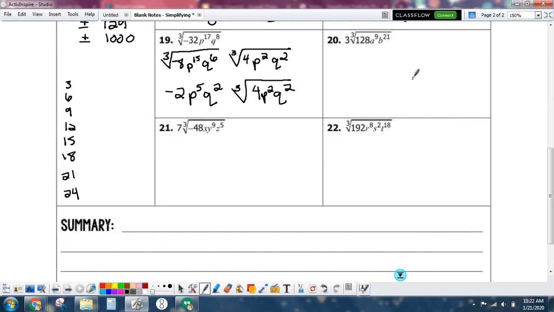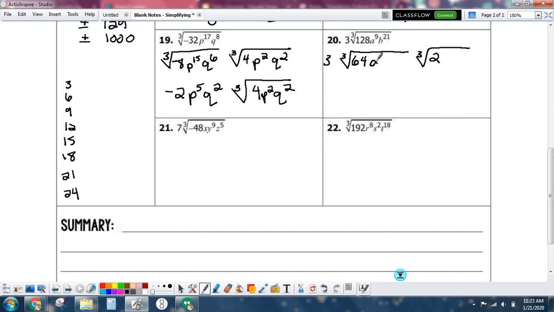All right, so for number 20, we're going to go ahead and put our 3 first and do the cube root. Okay, 128 is not a perfect cube, but I do know 64 times 2 will get me to that. And 64 is a perfect cube. And then I have the 9 that is a multiple, as is 21.